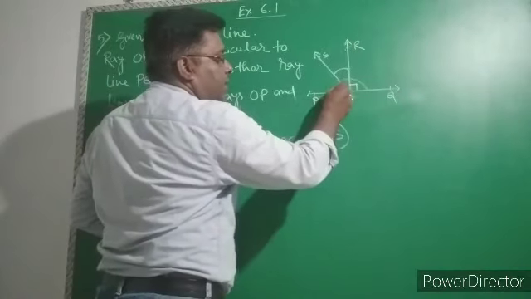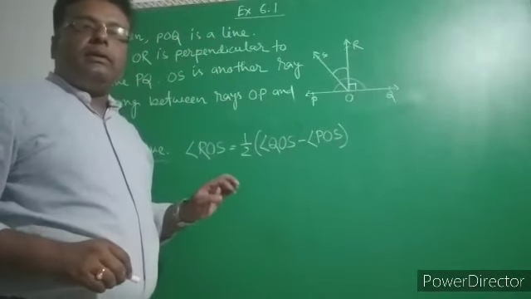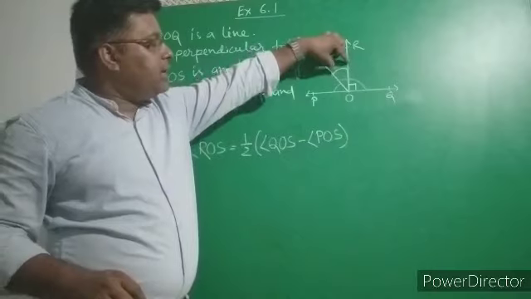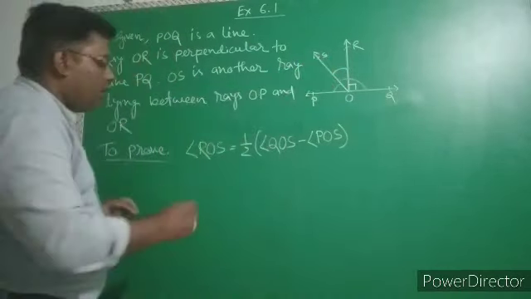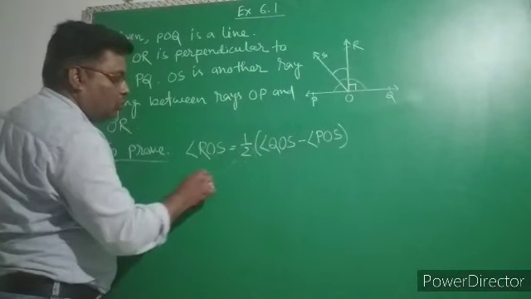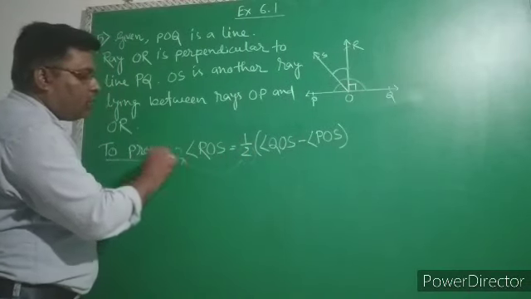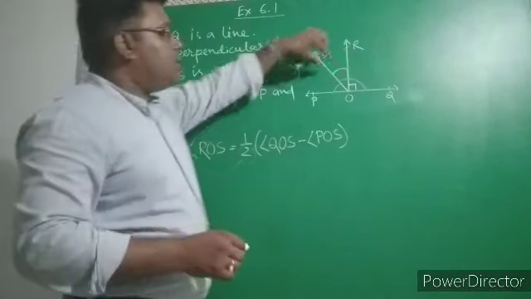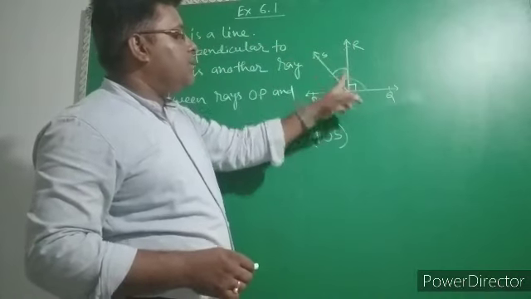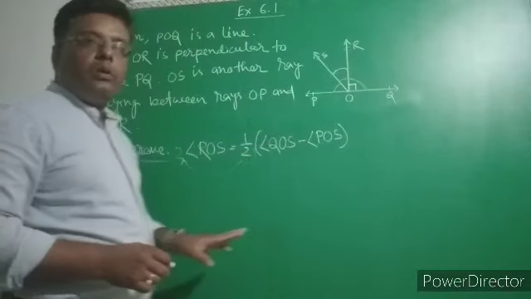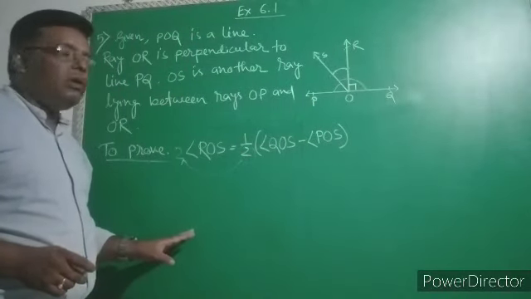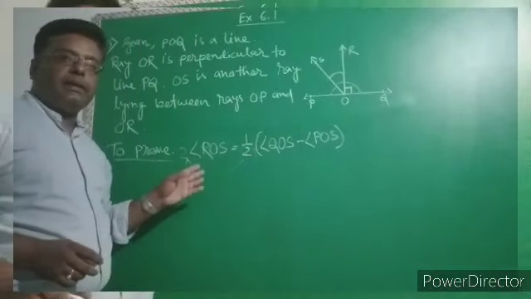So we have to say that this angle is equal to half of this angle minus this angle. That is, if we take this 2 to the left side, twice of ROS is equal to this angle minus this angle. We have to prove it. So how do you prove it? See.